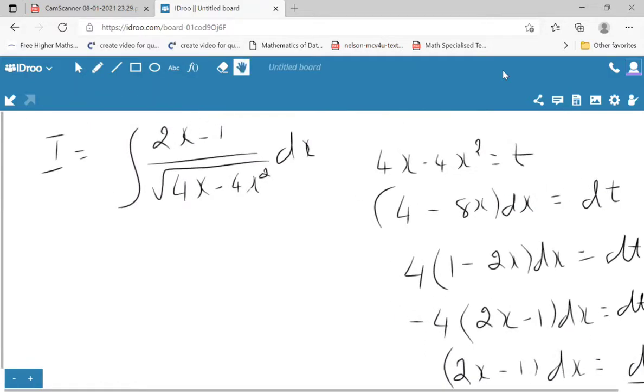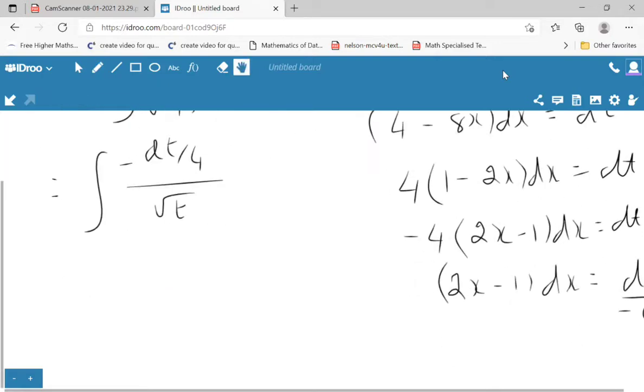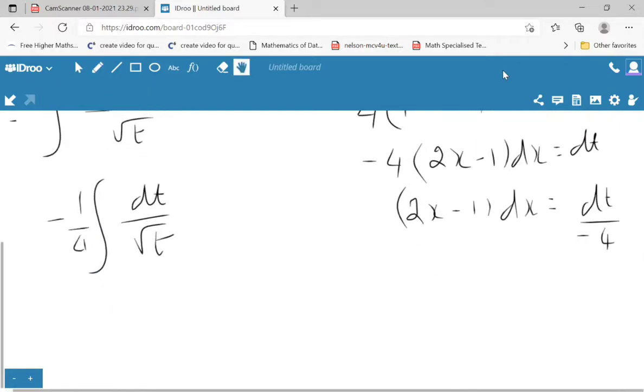So that would give you the integration of, let us now substitute, minus dt by 4 by root t. Let us take 1 by 4 outside, minus 1 by 4 dt by root t. Same way as we did before, let us take t to the power of minus half.